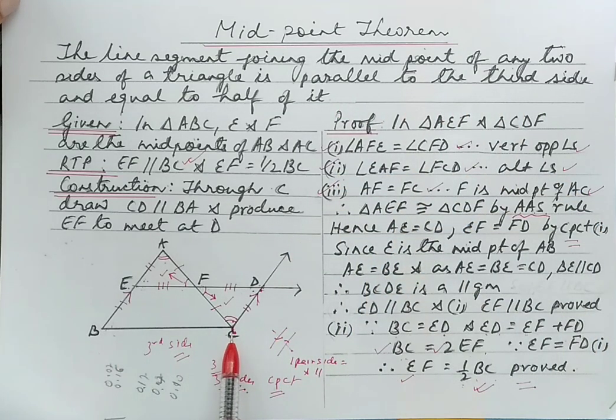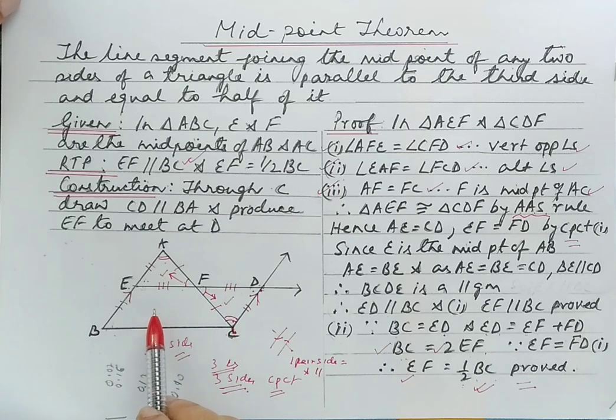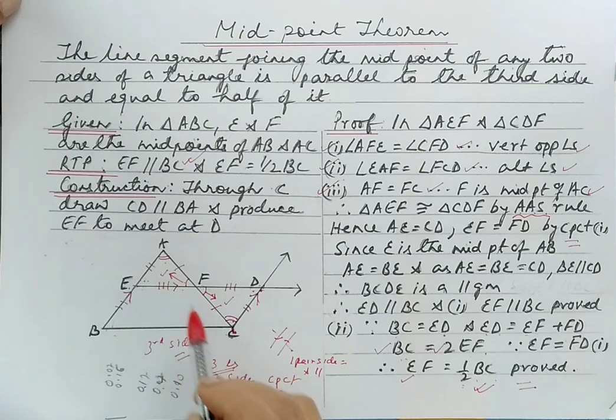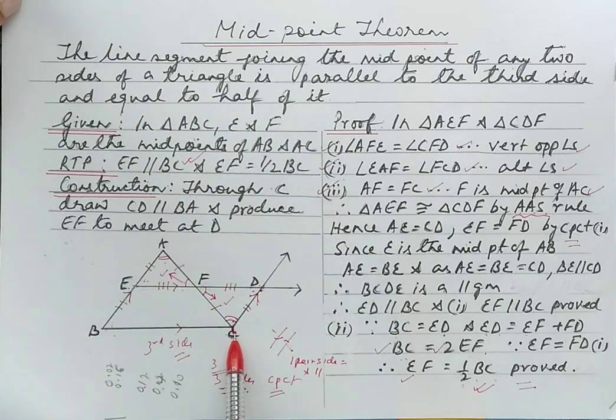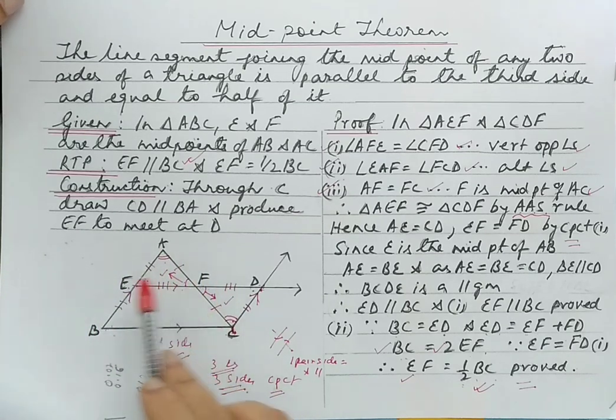BC is considered as the third side, guys. So we have to prove that EF is parallel to BC and EF is equal to half of BC, right? This is the whole contention, and we'll try to prove this with the help of this diagram.